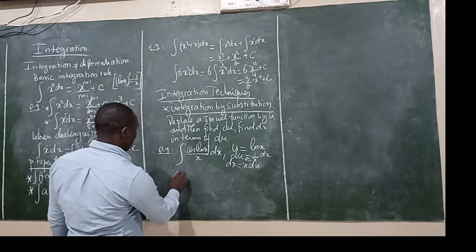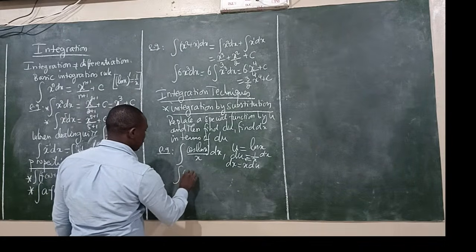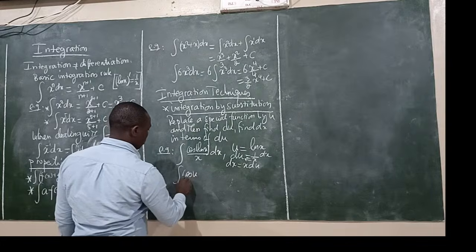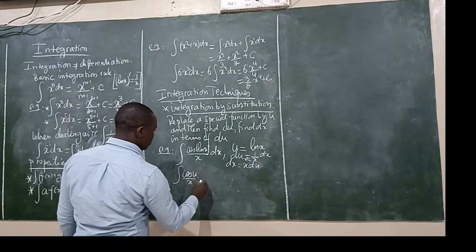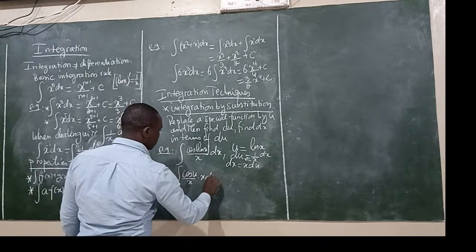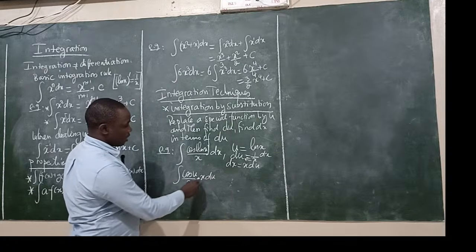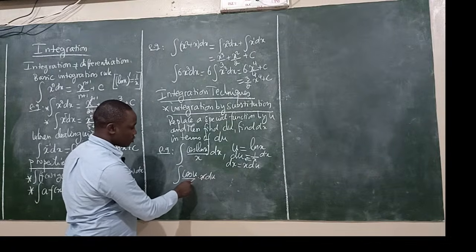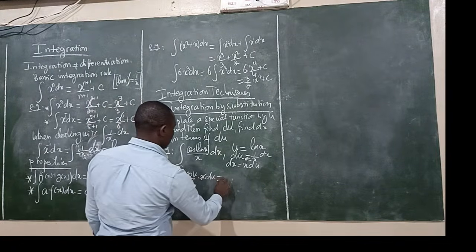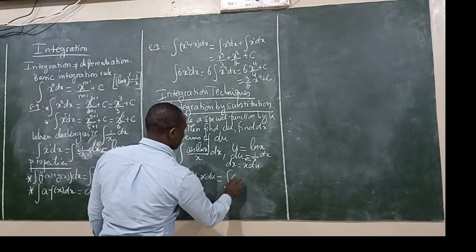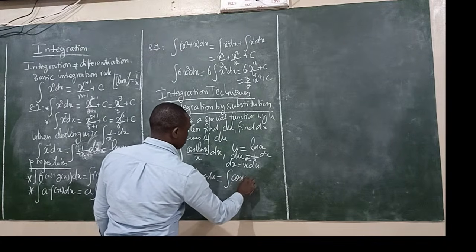Now, the integral becomes cosine of u over x times x du. You see, here we can simplify the x to get the integral of cosine u du.